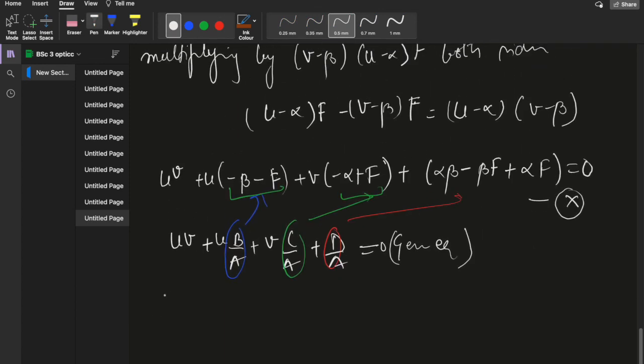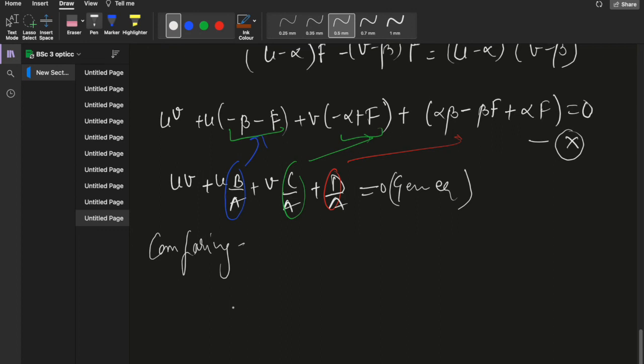Just comparing the coefficients, we will get minus beta capital F is equal to b upon a. Say this is equation number 6 in general. We will modify it later.